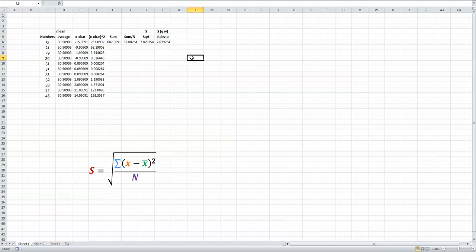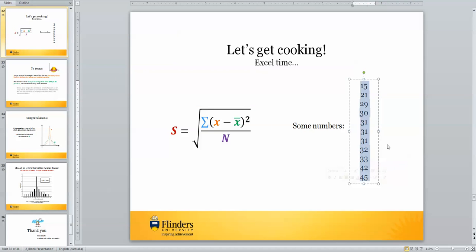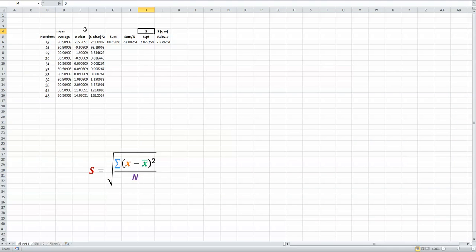You can effectively say that in my example, if these numbers described ages in a group, the average age of this group was 30.9 years of age, and that 68% of the whole population, so roughly 68% of all of these numbers, are 7.8 years in any direction.